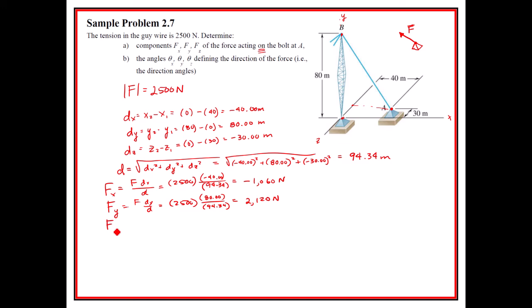And then Fz is going to be F dz over d, 2,500 times negative 30.00 over 94.34, and we get a negative 795 newtons.